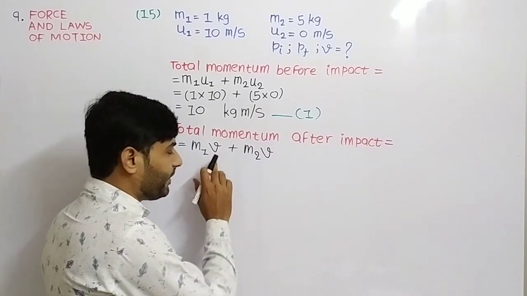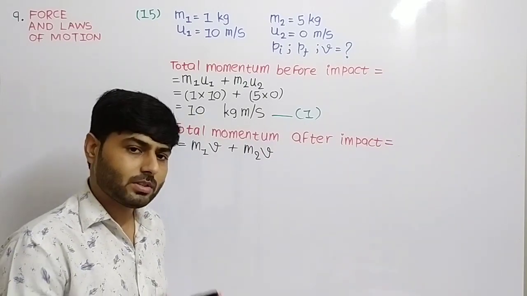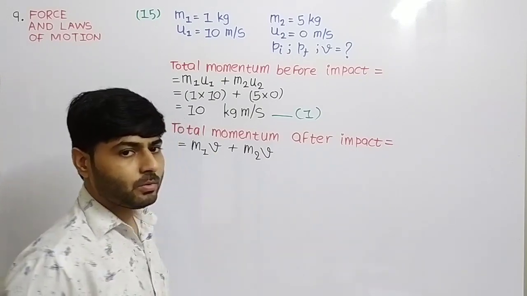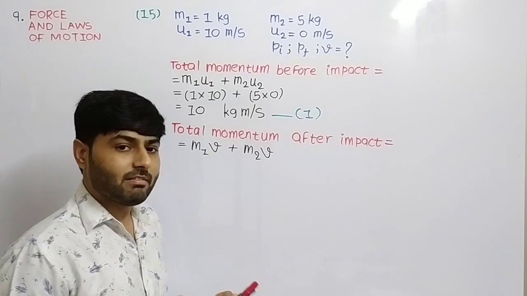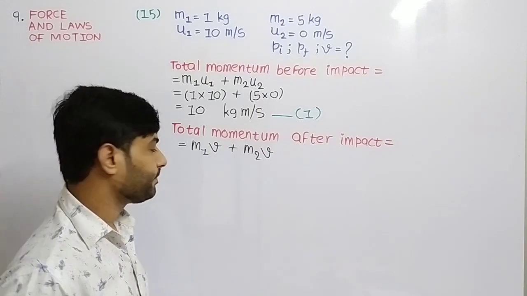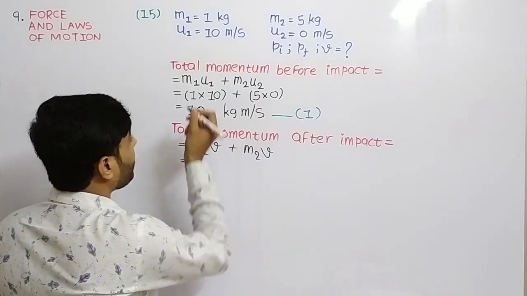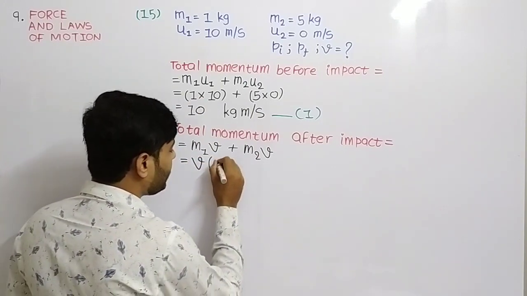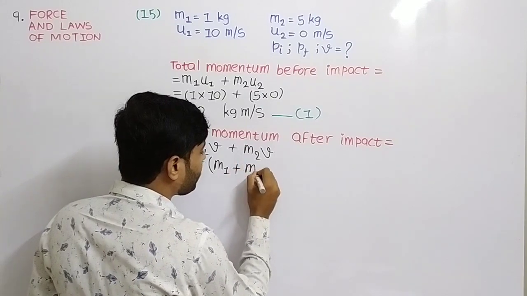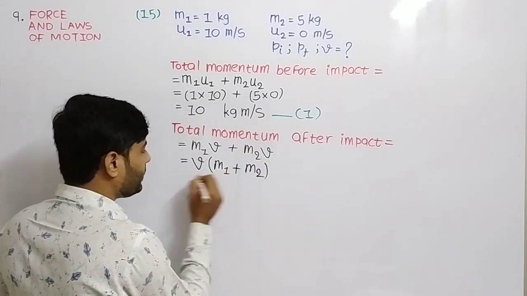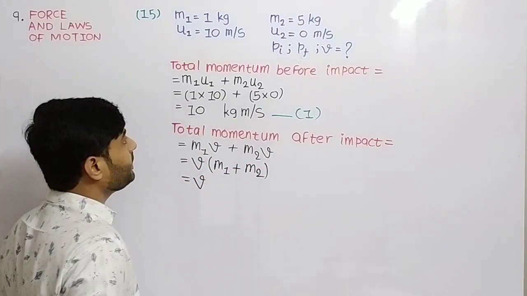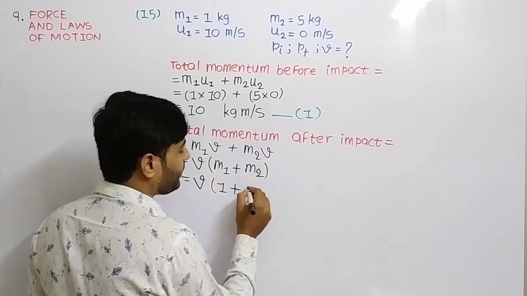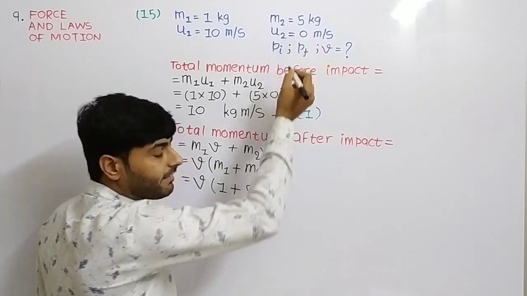Why write only v instead of v1 and v2? Because now both objects are combined and move together, so I write velocity as common v. Taking v common, I have m1 plus m2, that is 1 kg plus 5 kg.